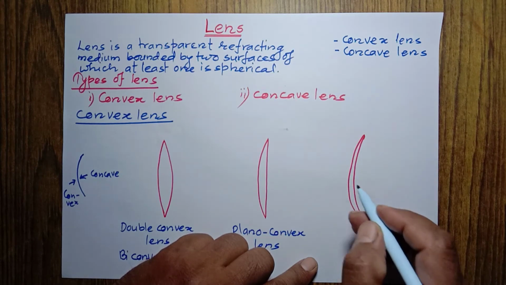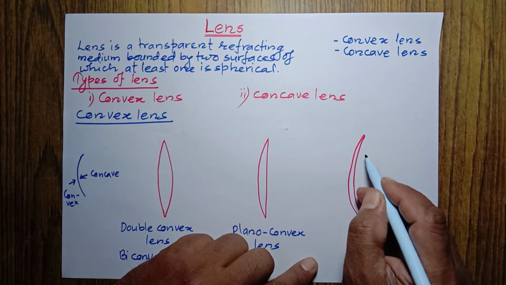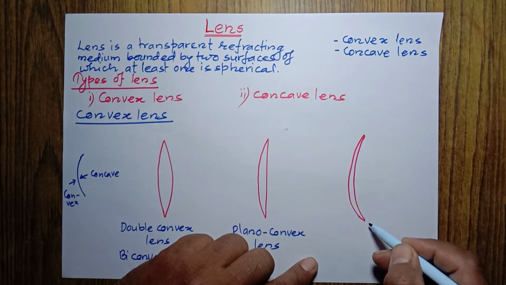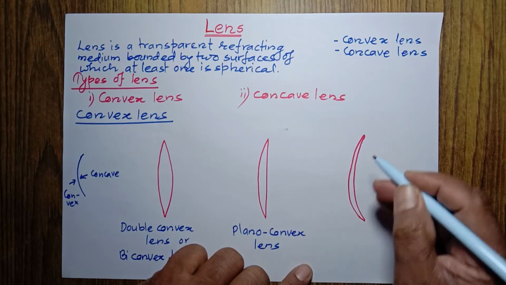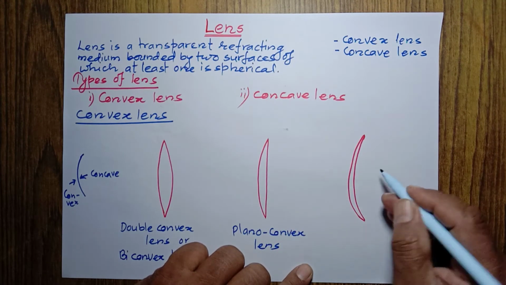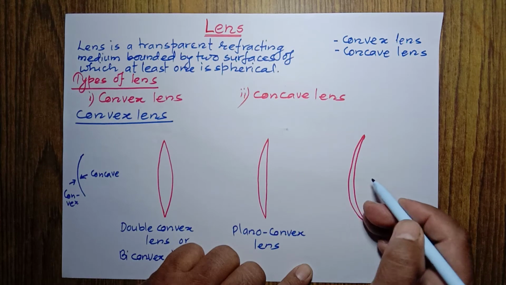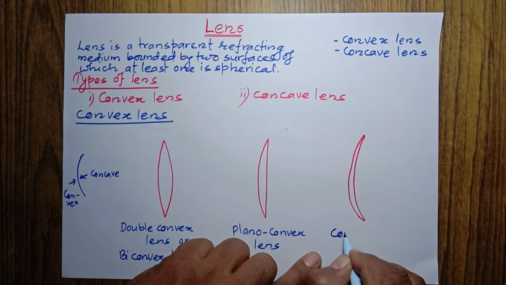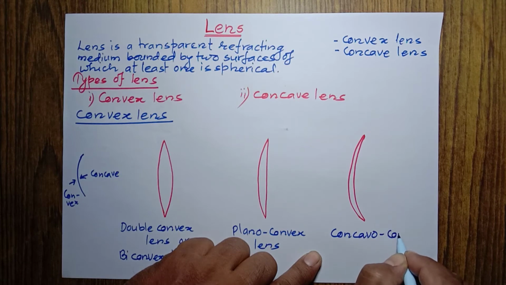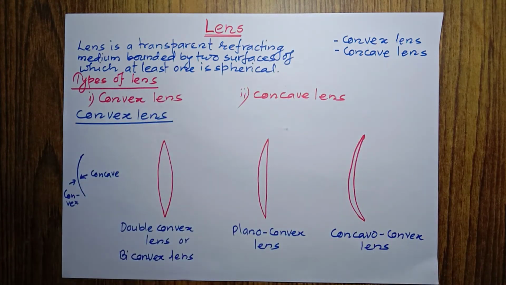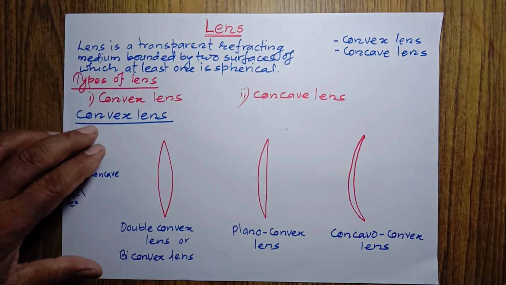But one of the surfaces is plane, and this surface is concave, like this, gone inside. That's why it is called concavo-convex lens. Okay, these are different types of convex lens.